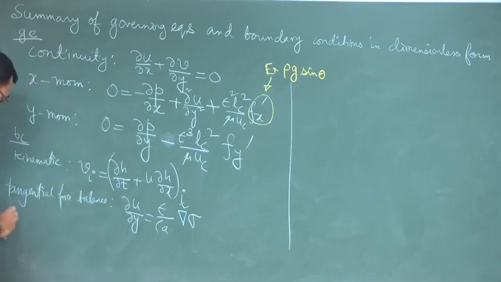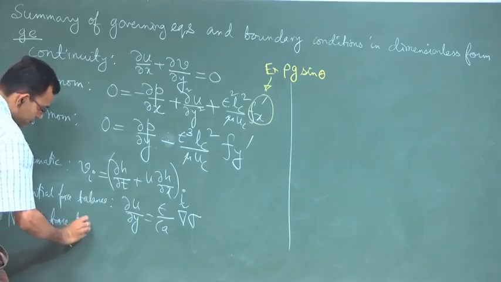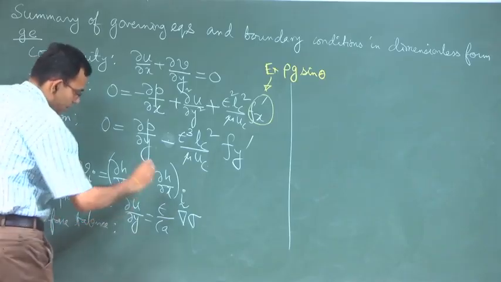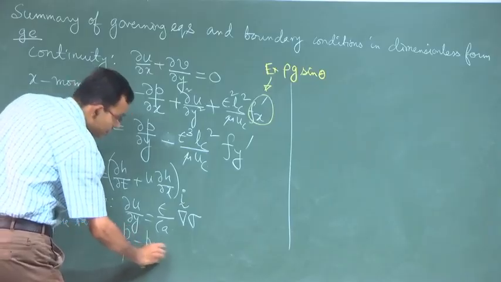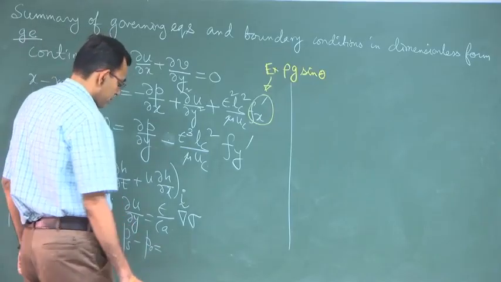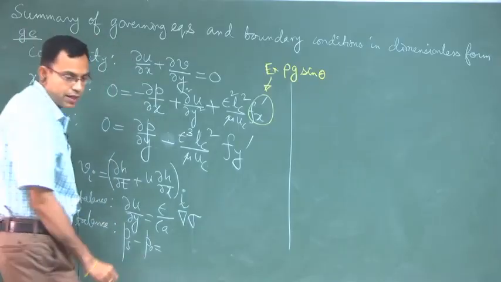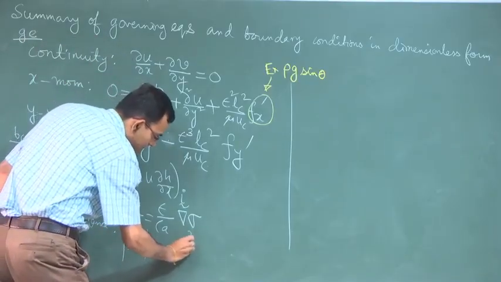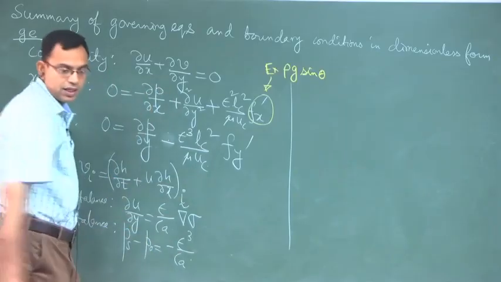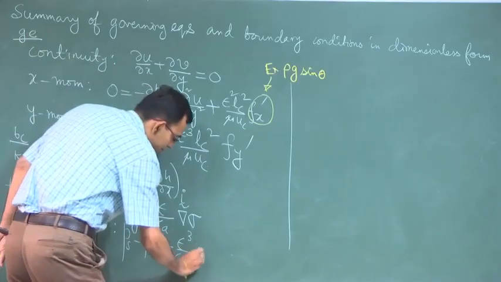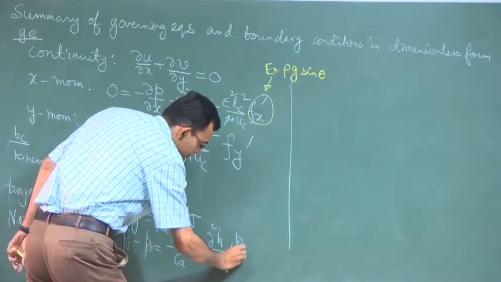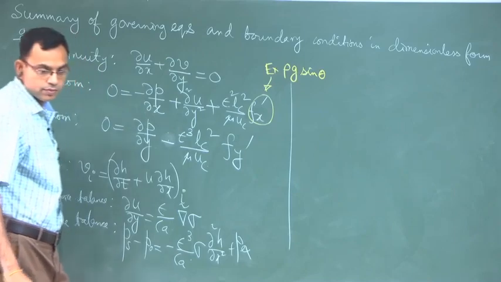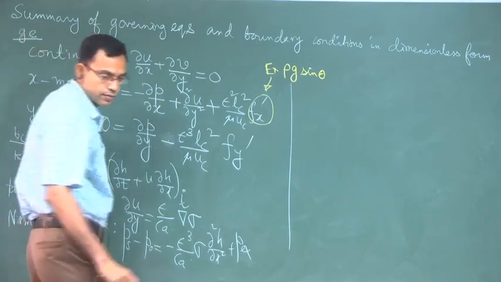And normal force balance: Ps minus P0 is equal to, minus epsilon cube by capillary number, we have just done that, into sigma, right.